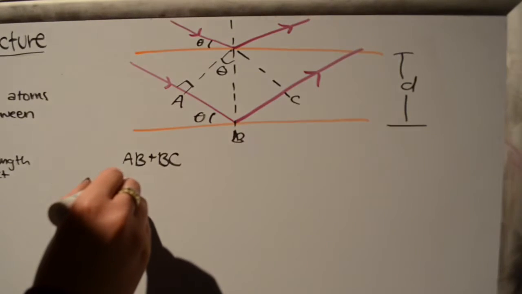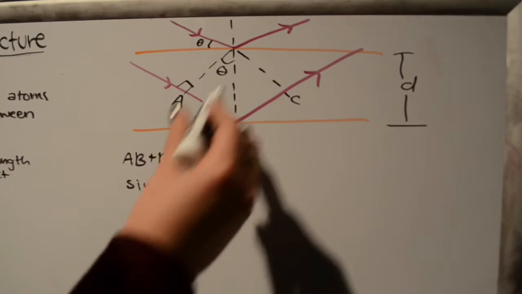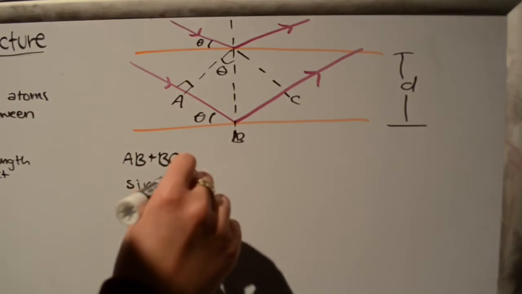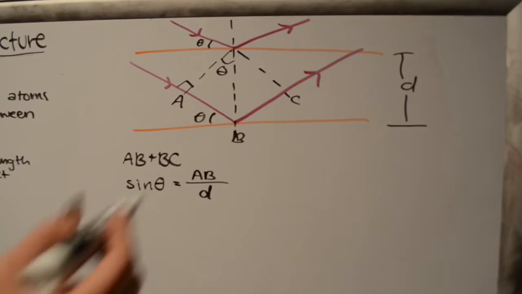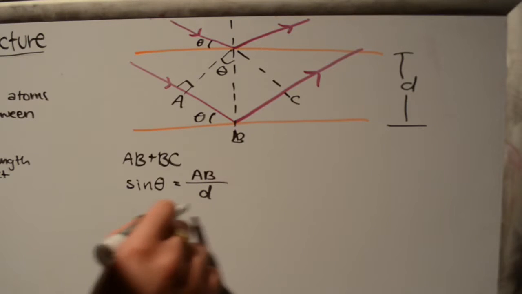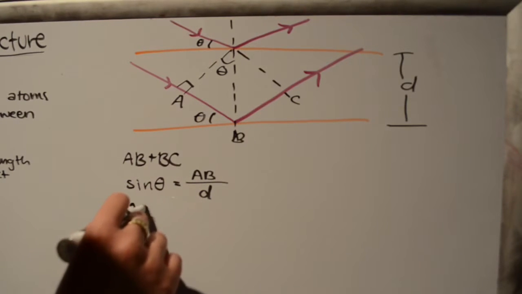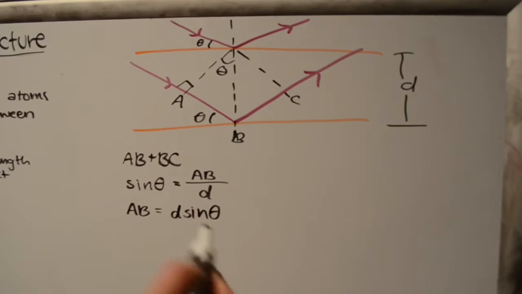So sine of theta is equal to the opposite, which would be AB, over the hypotenuse, which would be d. If we were to just solve for the distance from A to B, we would say AB is equal to d sine theta.